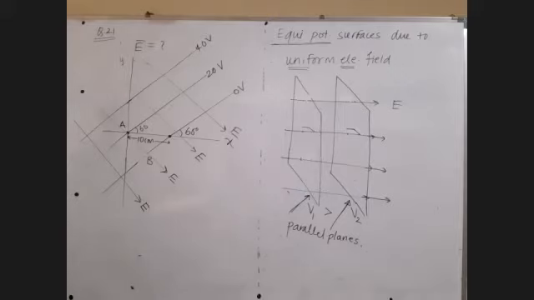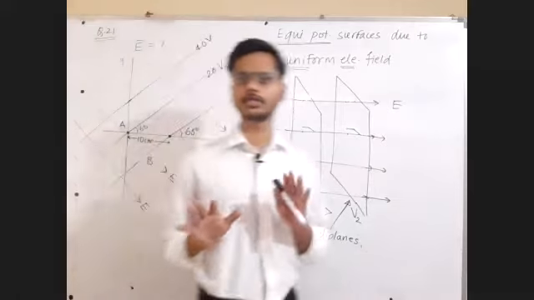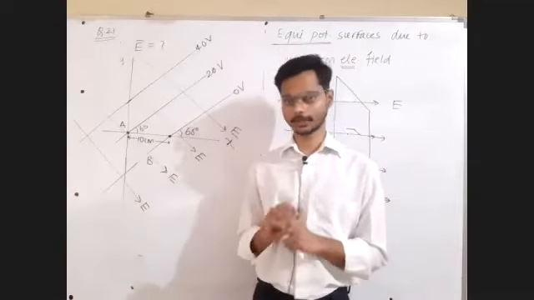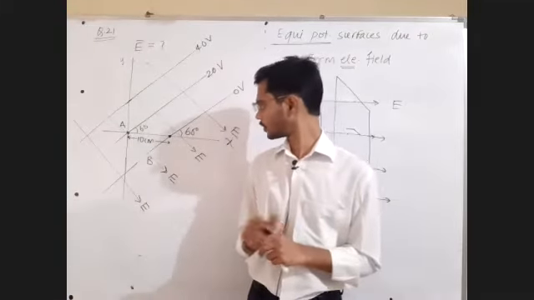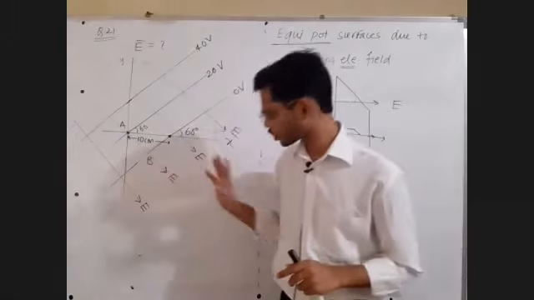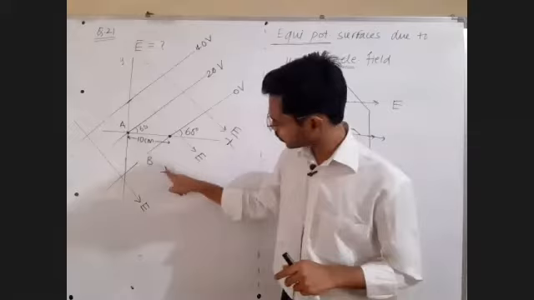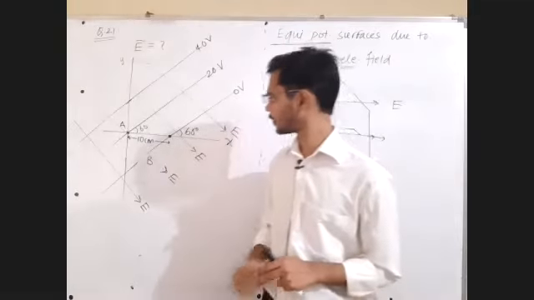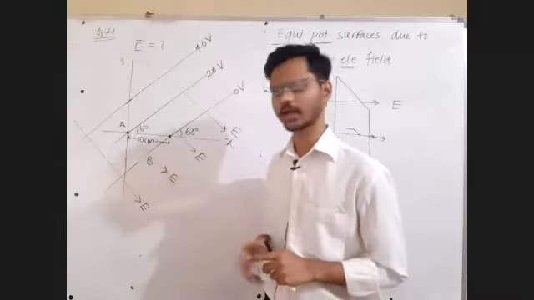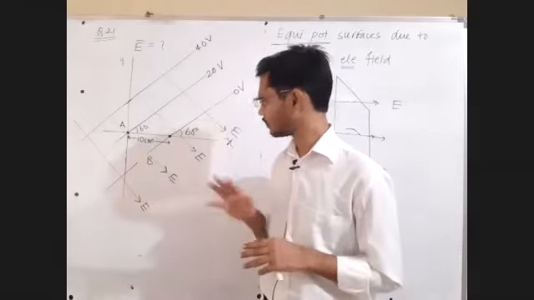Now to tackle this kind of question, first of all you have to find the magnitude of the electric field. Then you have to decide the direction of the electric field. In this direction we have to find the unit vector, that we will do later.